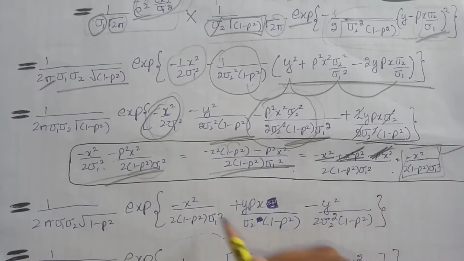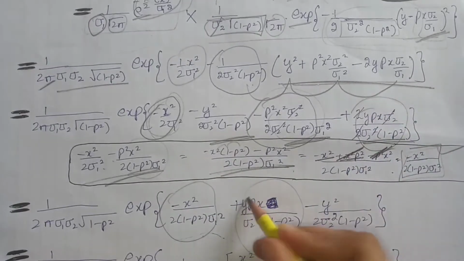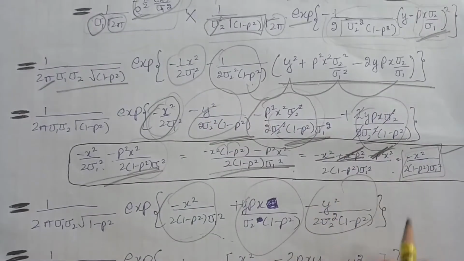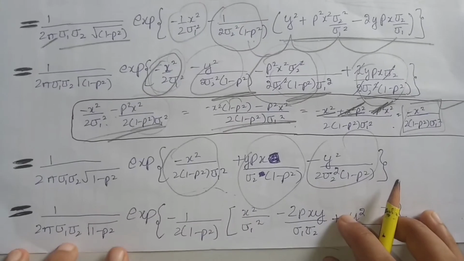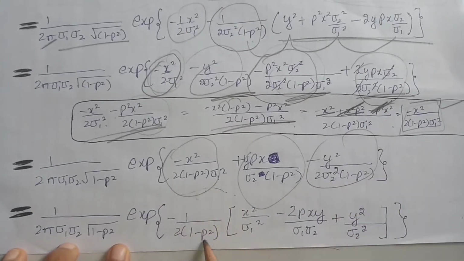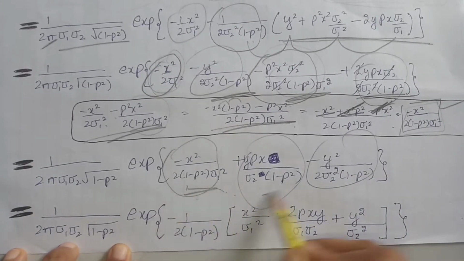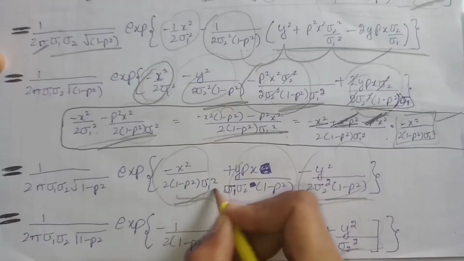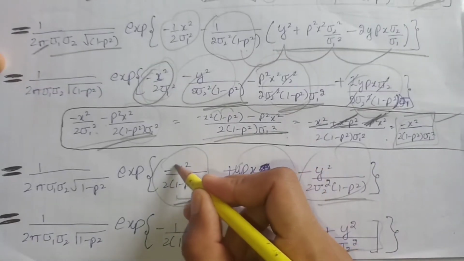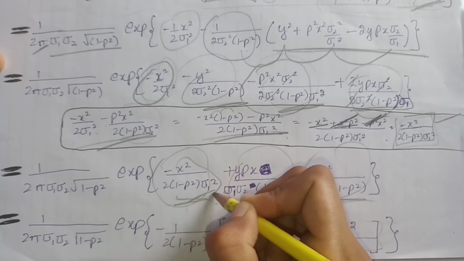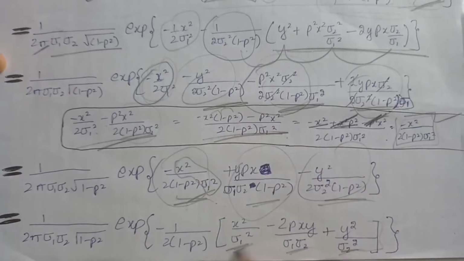So firstly we write here this value, then plus this value, then this value. Now we will take common minus 1 divided by 2, 1 minus rho square from these three terms. That means here we are left with only x square divided by sigma 1 square like this.